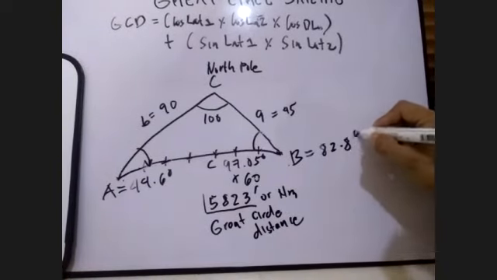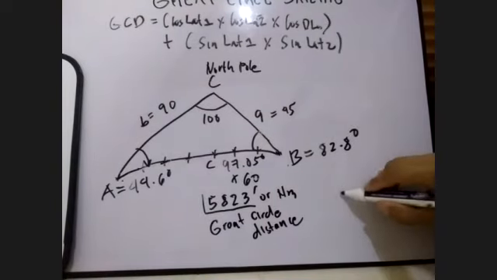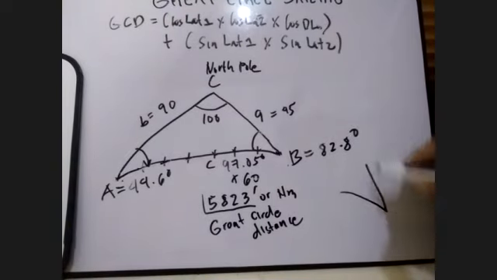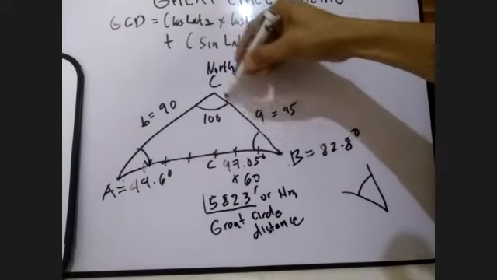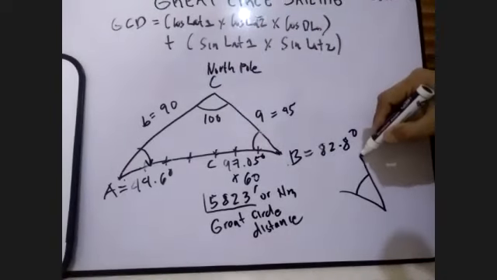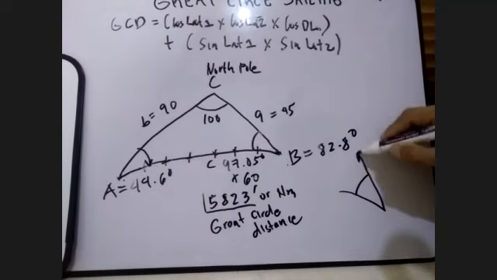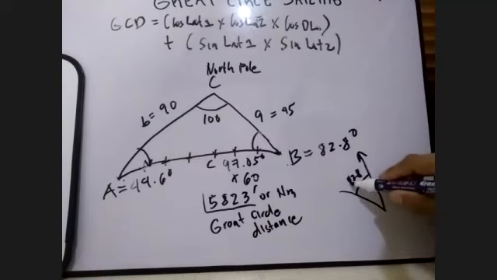So look at the arc, 82.8. This arc is going from north, going to North Pole. You have an arc here of 82.8 degree.